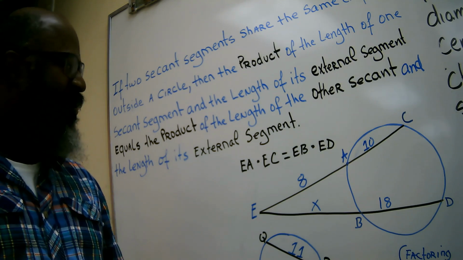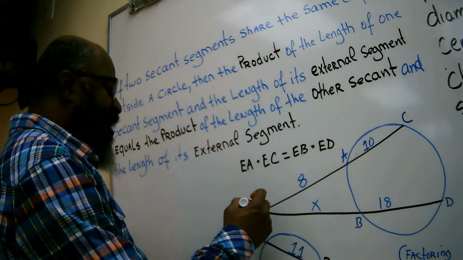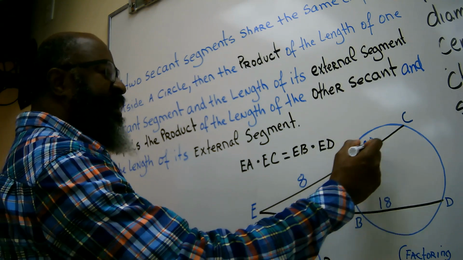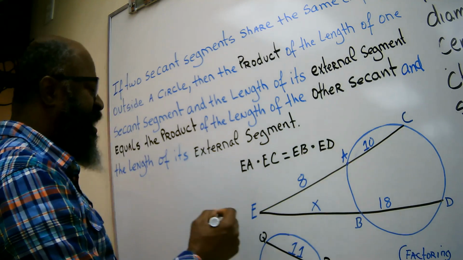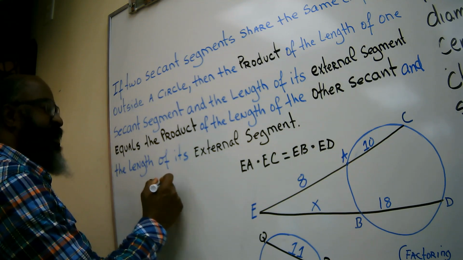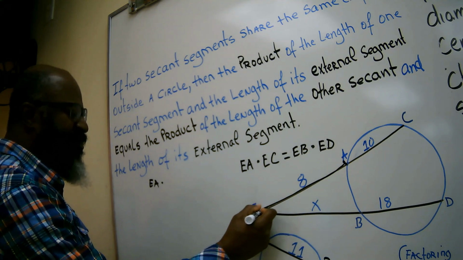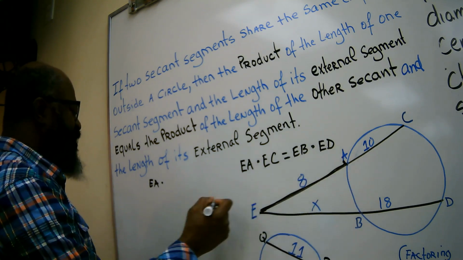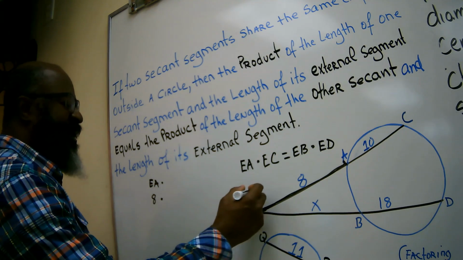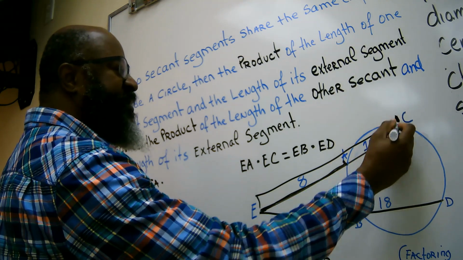So let's break it out. They're telling you that if you take the external part, which is EA, times EC. Now EA in this case is 8. This is the external part of the secant, from E to A is 8, times the entire secant, which is EC.